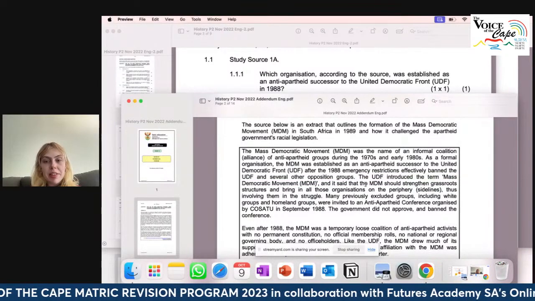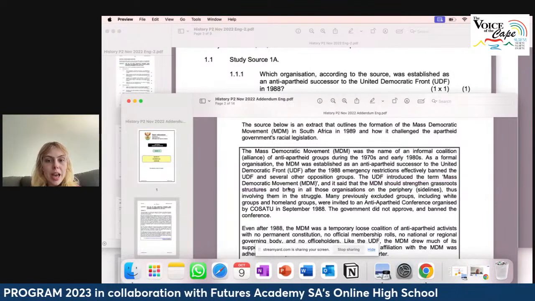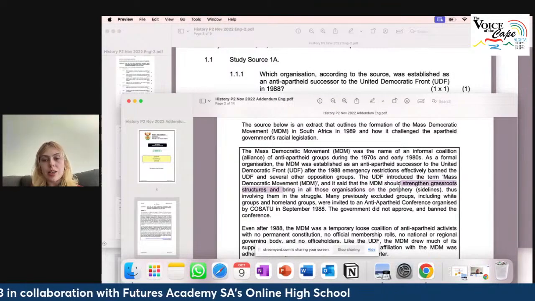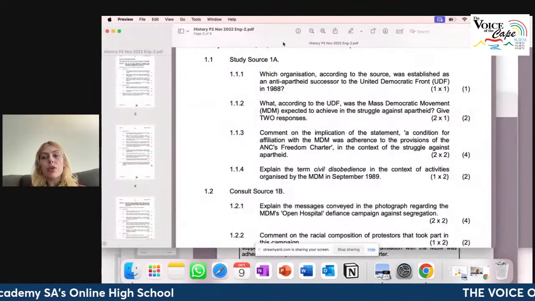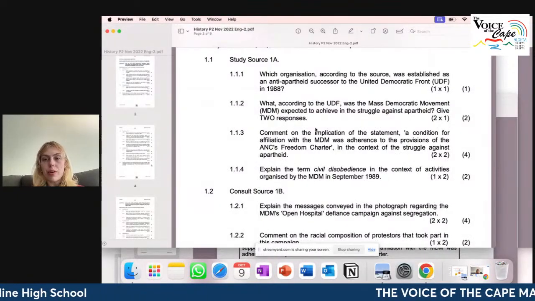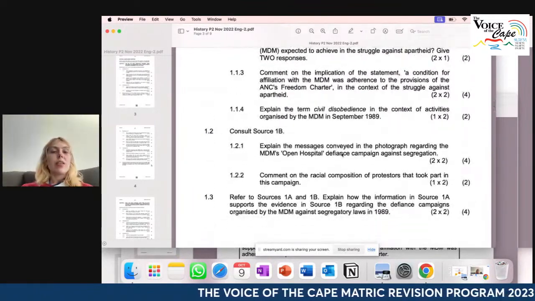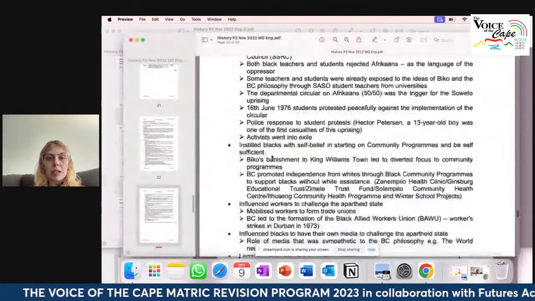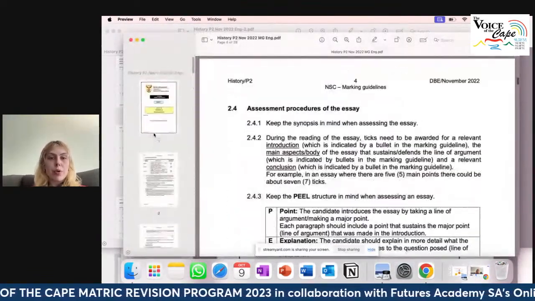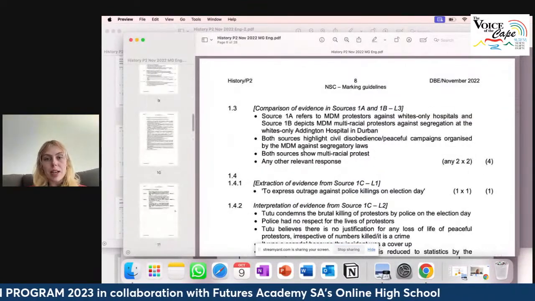It said that the MDM should strengthen grassroots structures, 1, and bring in all the organizations on the sidelines, thus involving them in the struggle. So a lot of your lower order questions, the answer just comes right out of the source. And for safety, just rather write it over as it appears there. You will see that most of the times the memo also says extraction of evidence, and then it will give it as it is.